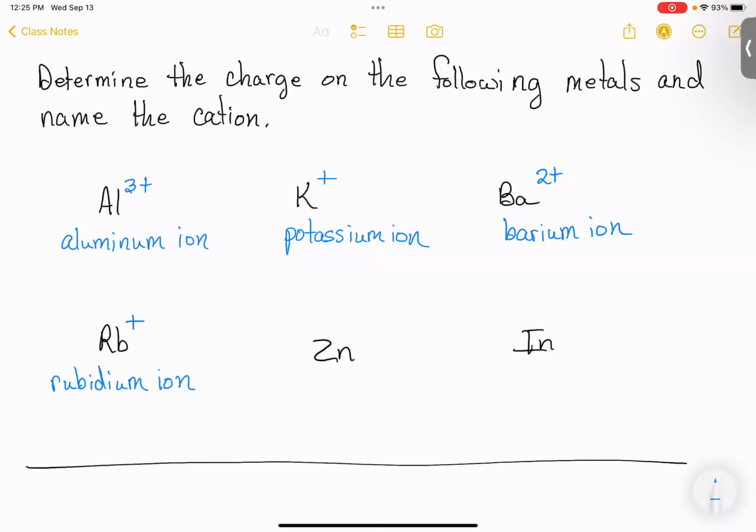Zinc is in that stair step. It is in the 2-element step, so that means it's a +2, and so it's called zinc ion. Indium is in the stair step. It is in the 3-element step. So it's a 3+ charge and it would be called indium ion.